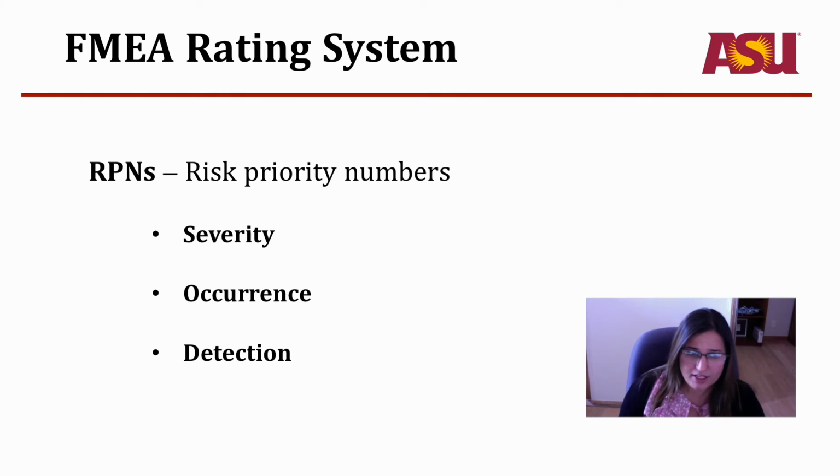The second one is occurrence. When we ask ourselves, will this happen often or once in a blue moon? Following the example of the airplane, how often could the handle break? If a person is too heavy and broke it, or a child was playing with it, how often can that happen?